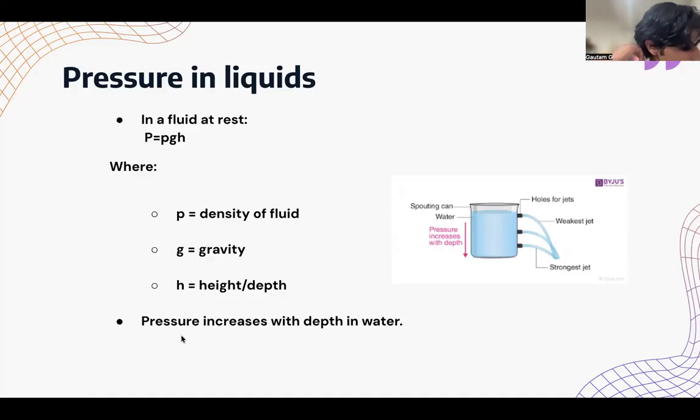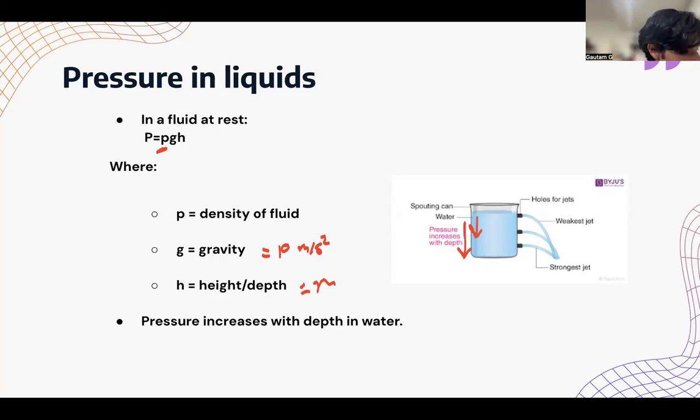So this P is the density of the fluid, and then you have gravity, which is 10 meters per second squared, and then the height, which is also in meters. As you can see, pressure increases with depth because there's more water overall being applied downwards.